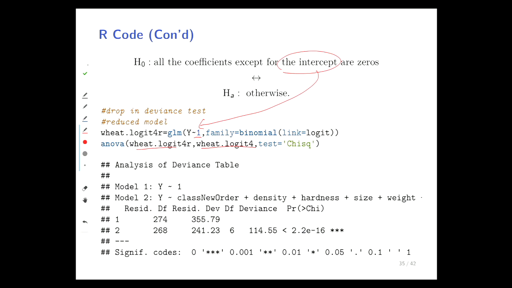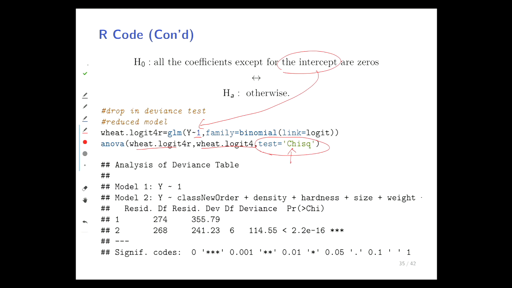So we need to specify the test as chi-square. I think the difference between this chi-square drop-in deviance test and the F-test is exactly here. We need to change the argument into chi-square. That's the only difference.